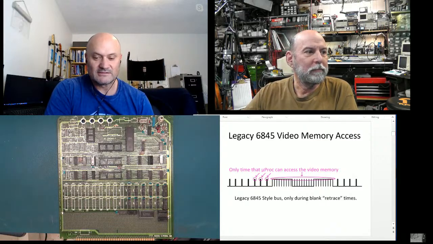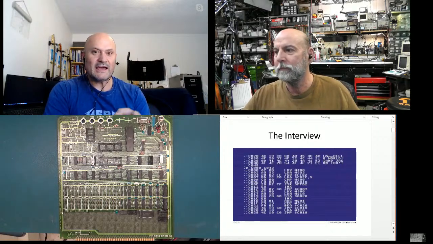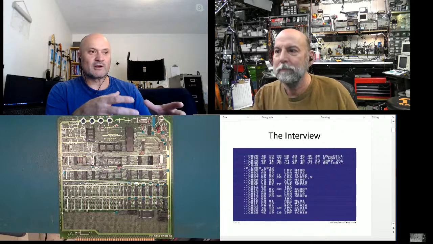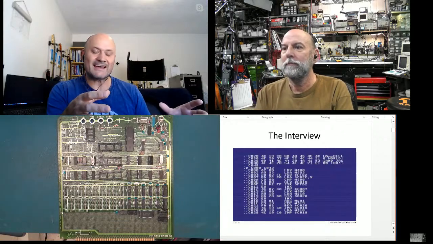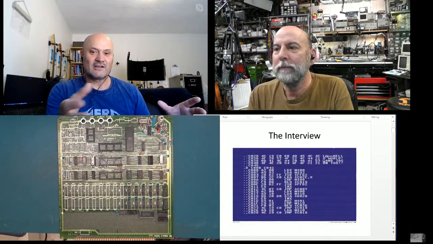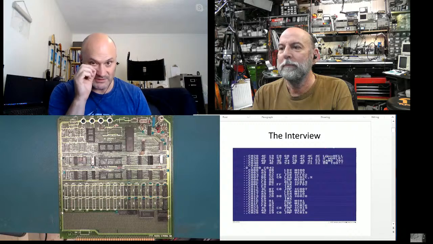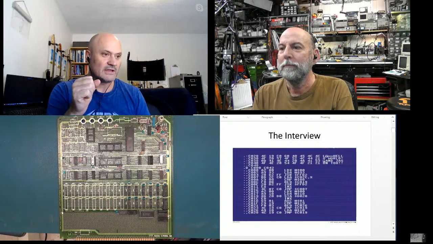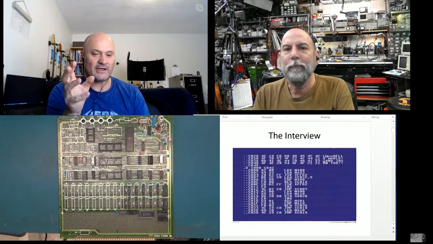You could conceivably have a dual port memory, and this is what came a bit later on with 16-bit computers. They made graphics DACs. You'd have a D to A converter that would spit out the composite video, or a bit later on, separate RGB for a VGA interface, which is analog output.